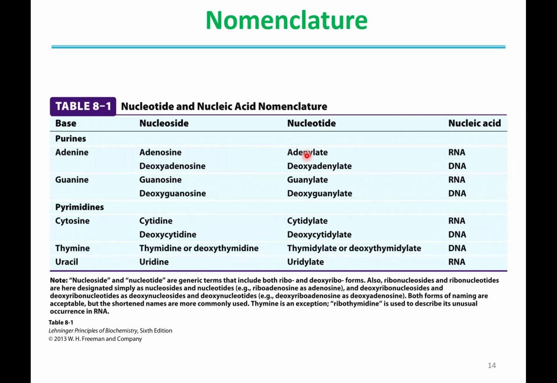So adenylate, deoxyadenylate, guanylate, deoxyguanylate, cytidylate and deoxycytidylate, thymidylate and deoxythymidylate, and uridylate. Those are a little bit difficult for me to say, but those would denote the nucleotide form.